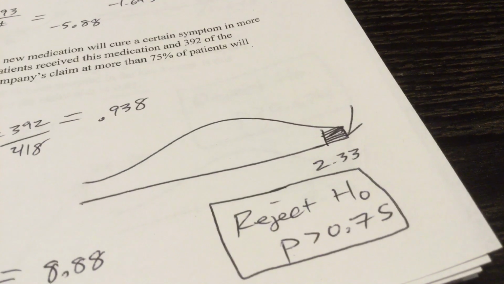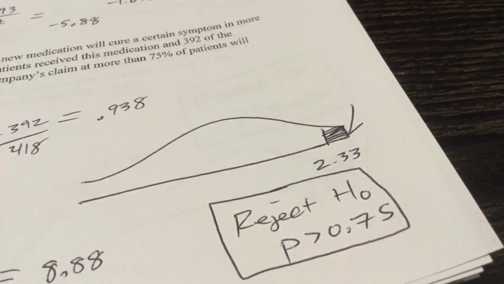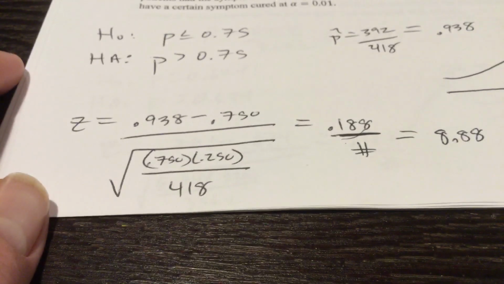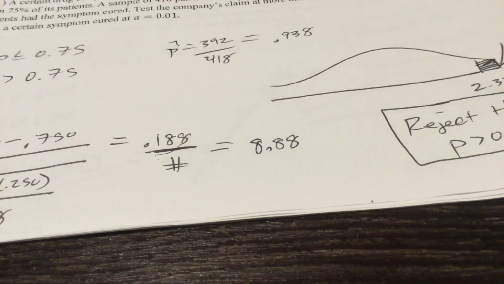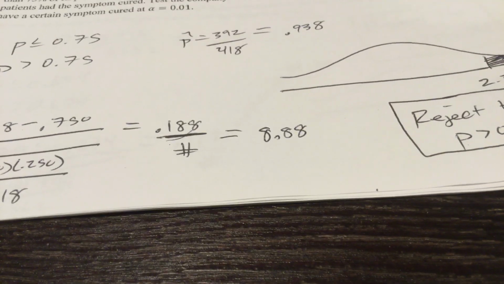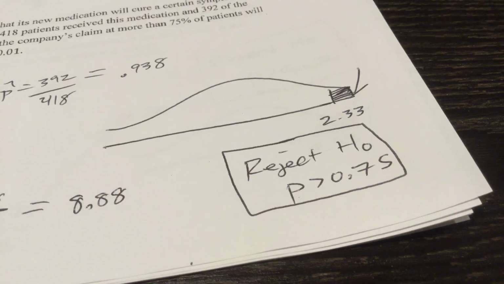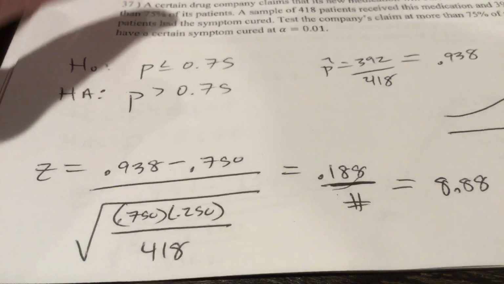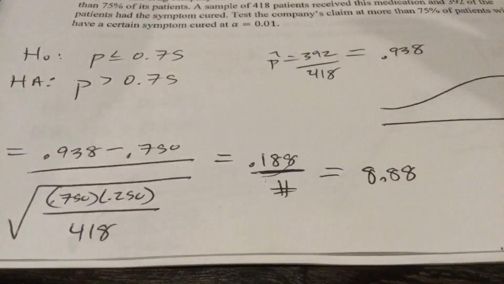So first off, 1%, one tail is 2.33. Right tail test. We get a pretty large z. We've seen larger z-scores, but 8.88, it did so well that we can definitely reject the null hypothesis and say yes, more than 75% of patients have a certain symptom cured with this. Again, pause this whenever you need to.